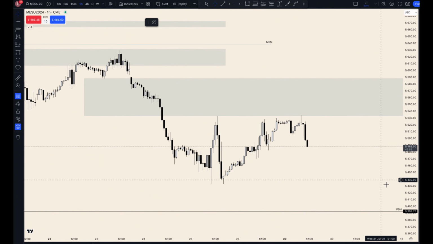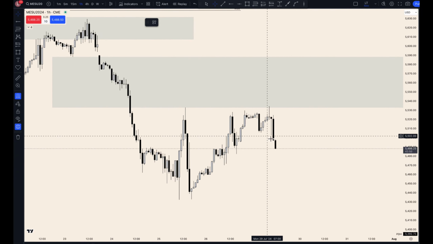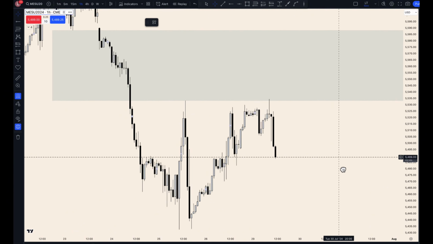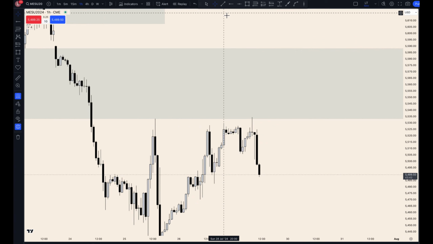But anyways, what I can see here, going down to the lower time frame, on the 1 hour, is that just before the New York Open, there was a liquidity raid right here.